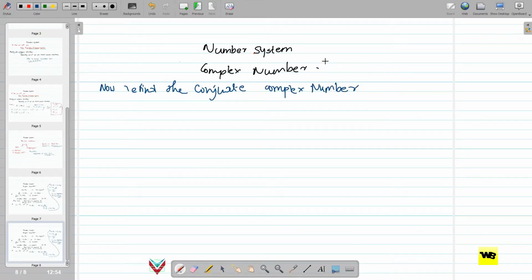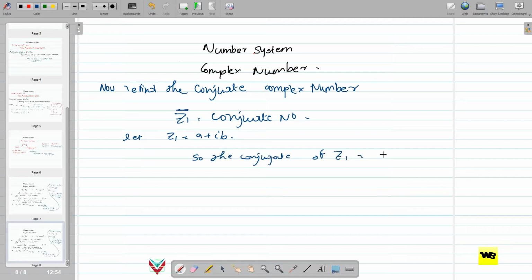Conjugate complex number. Conjugate can be denoted as Z1 dash or Z1 bar. Let us take Z1 equals a plus ib. So the conjugate of Z1 will be a minus ib.